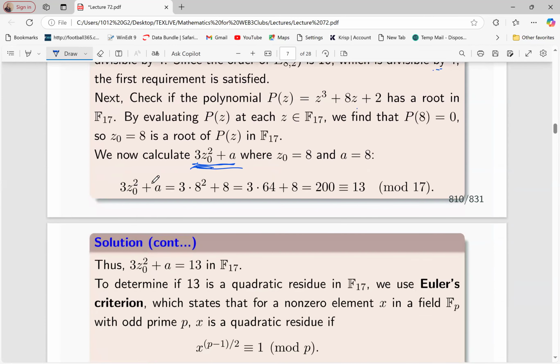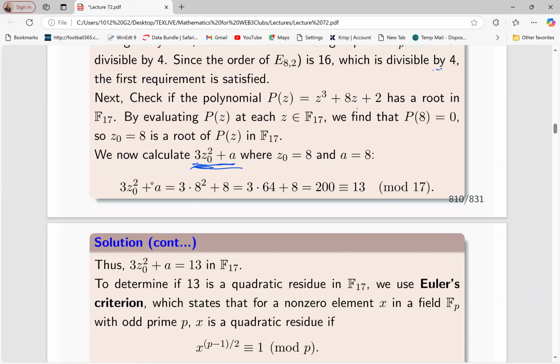So now, just substitute 8 square. We found it to be 13 just above. So we're talking of 3 multiplied by 13, then plus 8. 3 multiplied by 13 is 39, plus 8, this is 47.